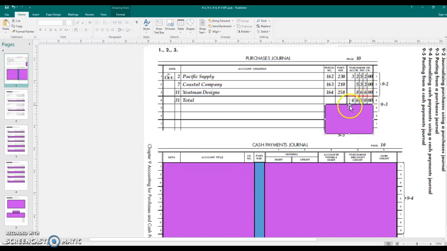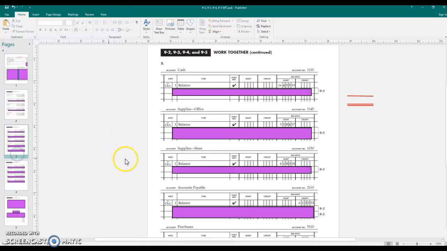Okay, 4,650. Once you get that number, you will double rule. Now, we must post this number to two different accounts: purchases debit, DR is for debit, and accounts payable credit. It doesn't matter which one we do first, so let's do purchases debit. Let's go find purchases debit, 4,650.